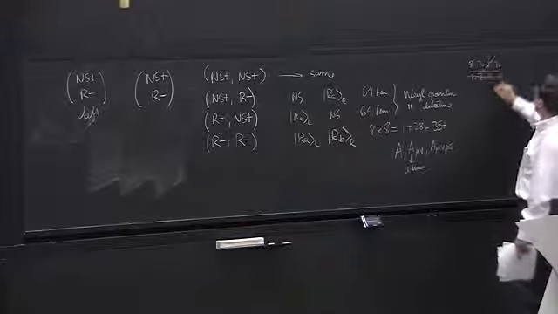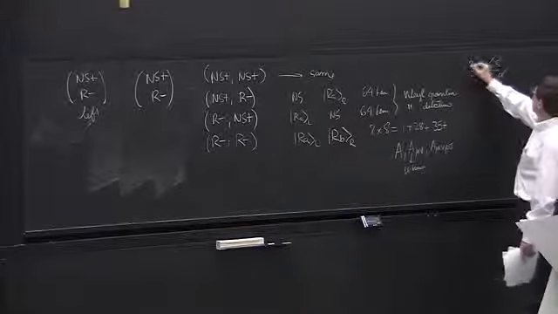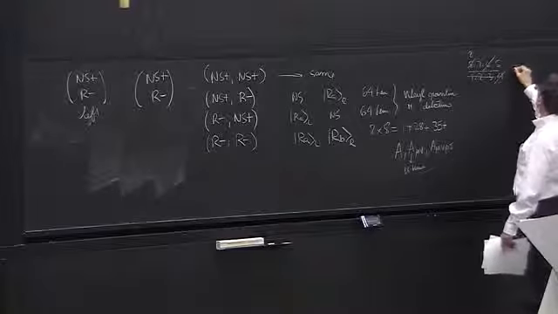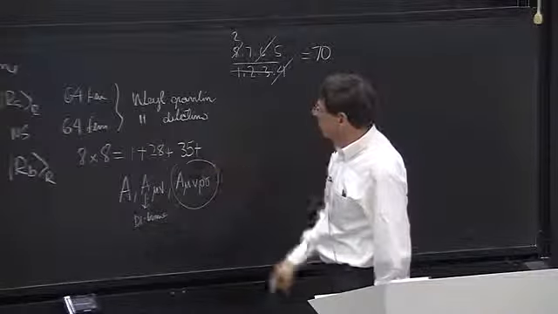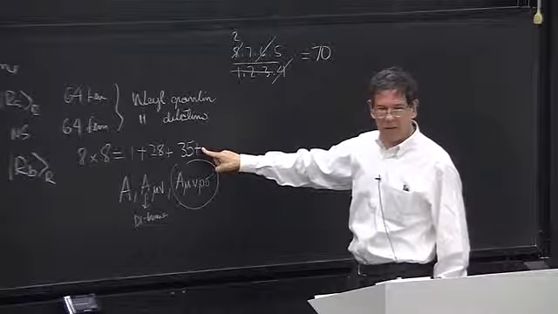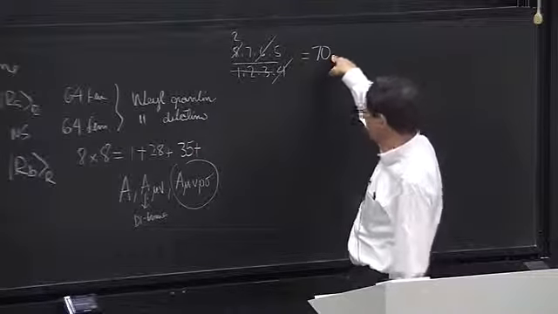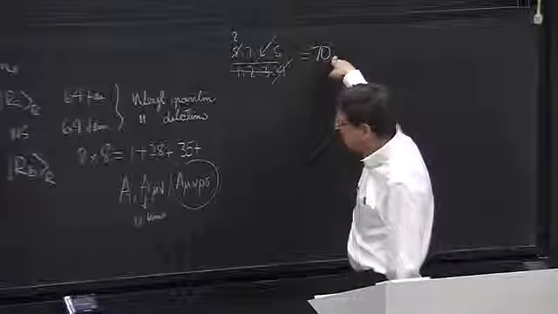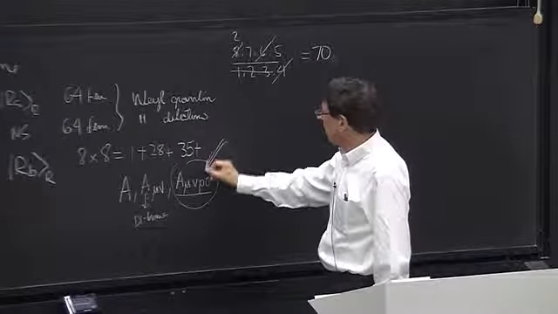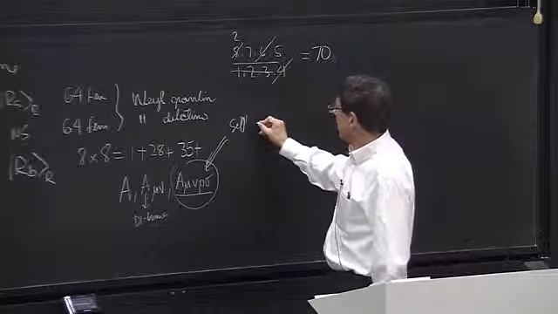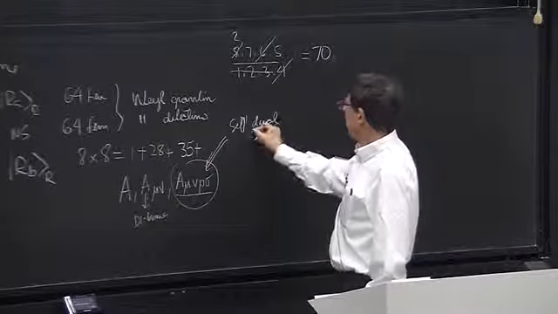This and this, 4 and 8 is 2. You get 70. But this field, this 35 plus, means there's some sort of duality condition that cuts the degrees of freedom of the 70 in half. So this is what is called a self-dual 4-form.